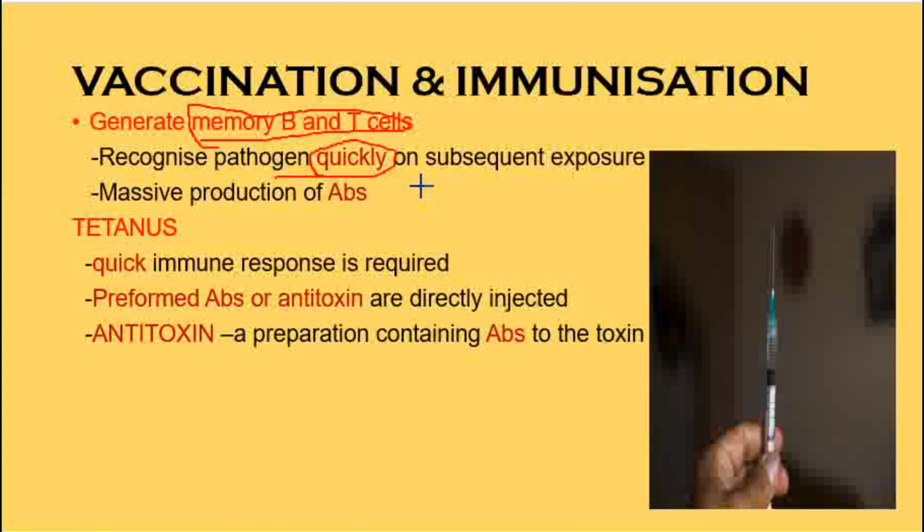Since this is a second infection after vaccination, the pathogen is recognized quickly on subsequent exposure, and there is massive production of antibodies. You can expect plenty of antibodies produced from your body. So this is about vaccination.